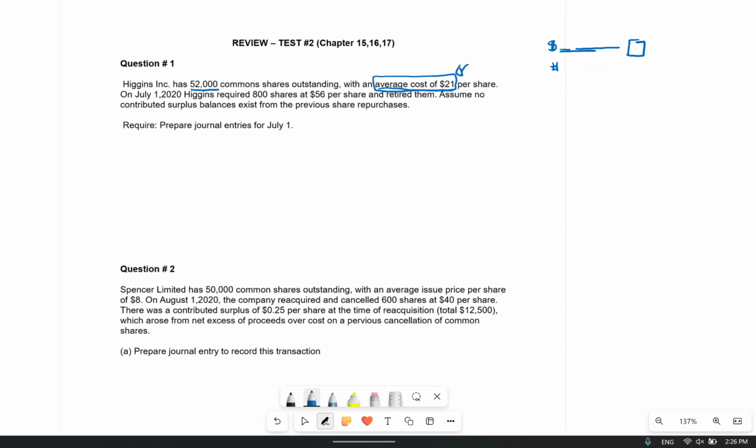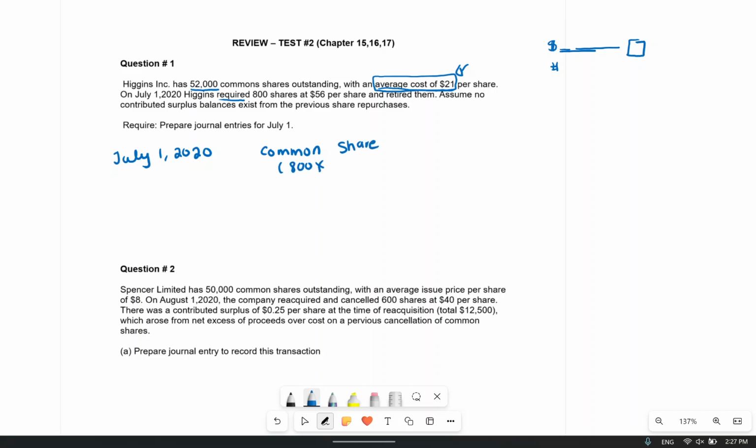And what we did, if we didn't reacquire all the shares, we reacquired only 800 of the shares. So when that happens, we have to debit common shares for how many we are reacquiring: 800.